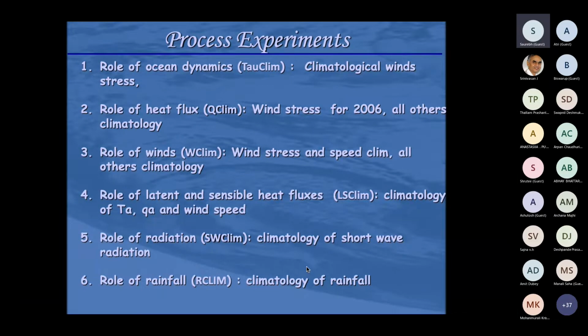It can be diagnosed by doing experiments that change the dynamics in the model, which can be done by changing the wind stress, or by changing the heat fluxes. Now this is an interannual process, which means that the phenomenon happening in one particular year has large departures from the climatology.